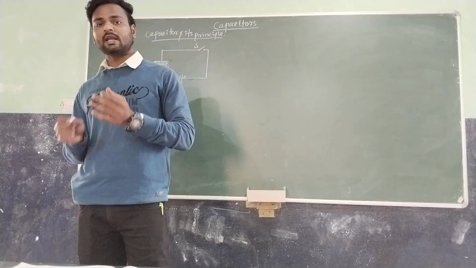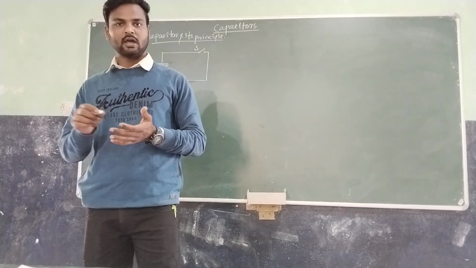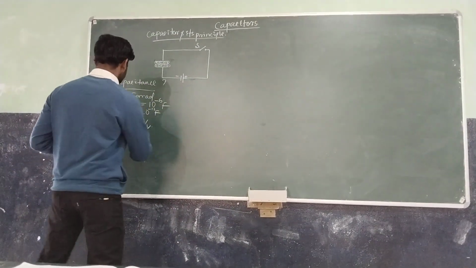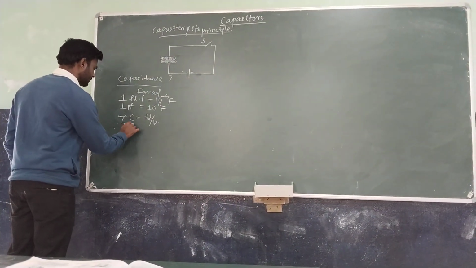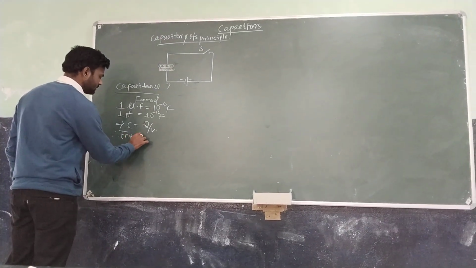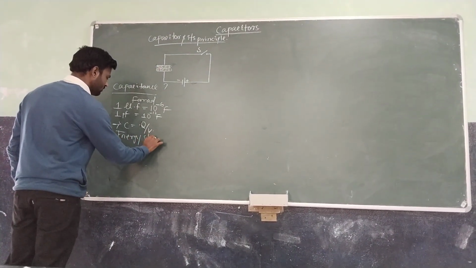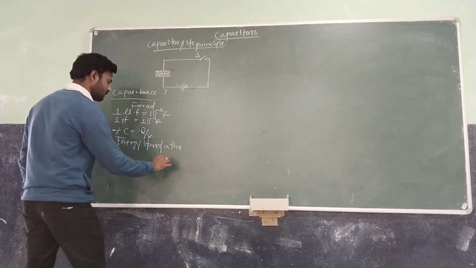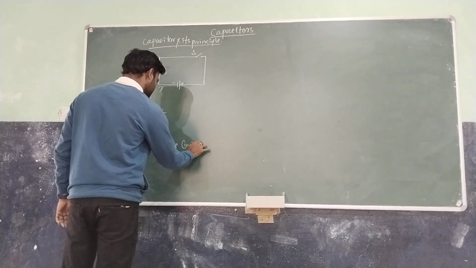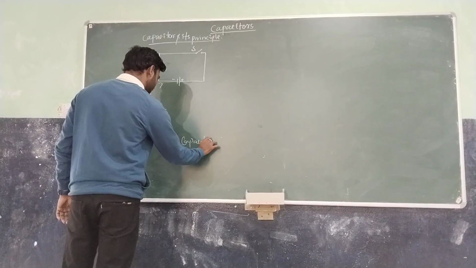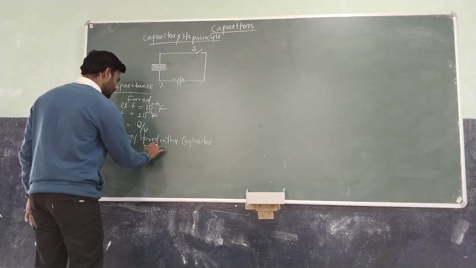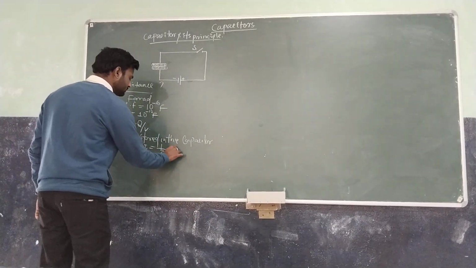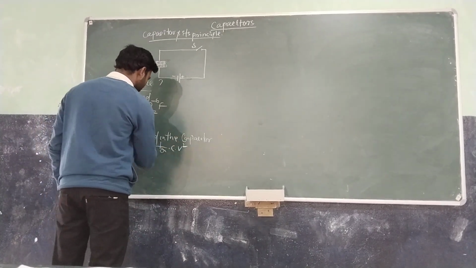So what will be the energy stored in the capacitor? The energy stored in the capacitor, E, is equal to 1 by 2 into C into V square.